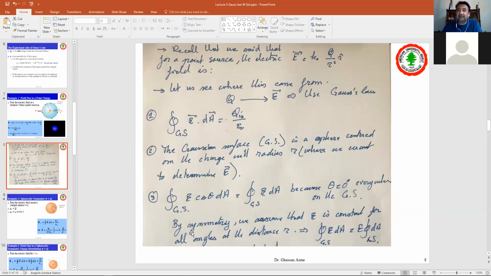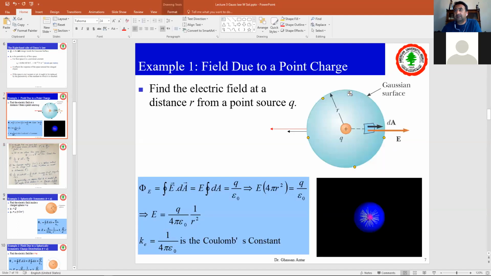And what I'm going to say is that, by spherical symmetry, I'm going to assume that my electric field is constant at all angles at this distance r. So basically what I'm saying is that the electric field at this position here is equal at this position here, and at this position here.